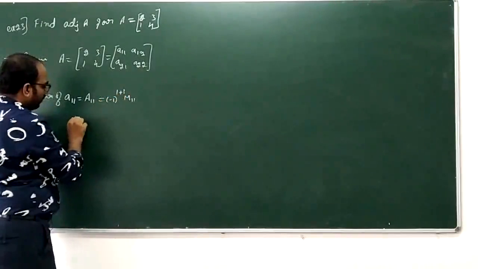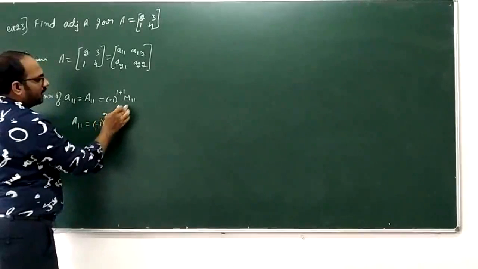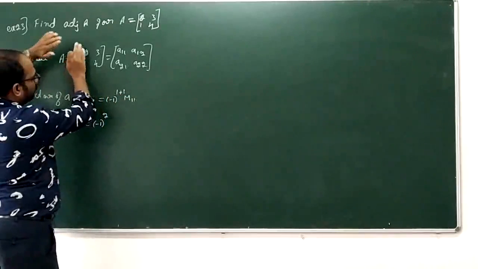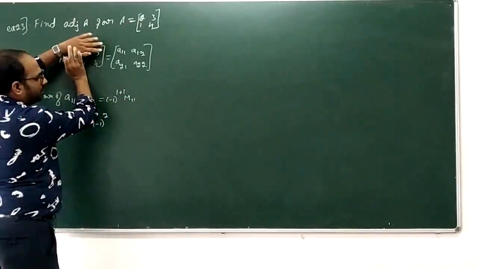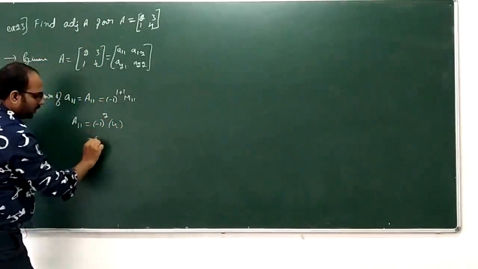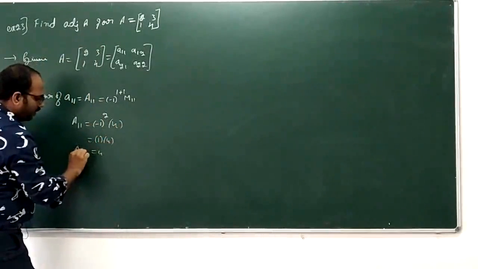That is, A11 is equal to minus 1 to the power of 2 into the minor of 11, meaning deleting the first row and first column, then the element is 4. Minus 1 to the power of 2 is an even number, so 1 into 4, that is 4. This is the cofactor of A11.